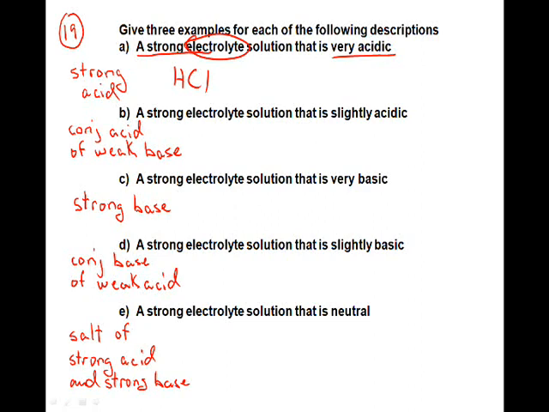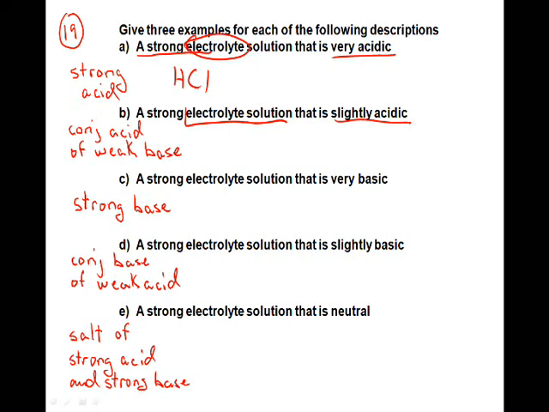Now in B, you're looking also at something that's totally dissolved in water, but it's only slightly acidic. And to be totally dissolved in water, it can't just be a weak acid and be slightly acidic. It has to be the conjugate acid of a weak base.